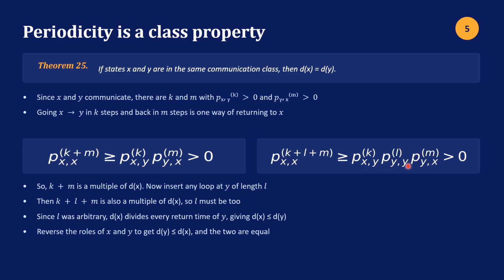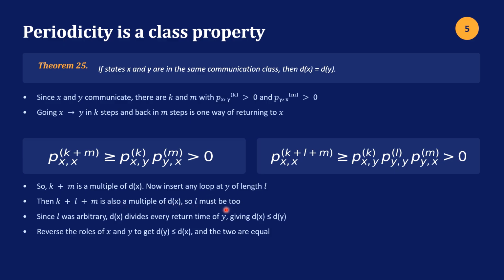So all three of these are greater than 0. And this is a specific path, x to y, y to y in L steps, and then y to x in m steps. But this is more general. There are more ways of going from x back to x in k plus L plus m steps. So using the same argument here, k plus L plus m is also a multiple of d of x.